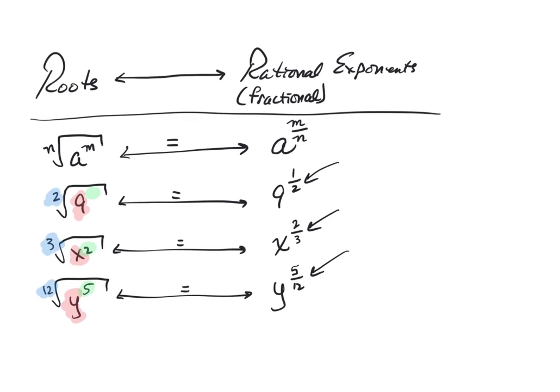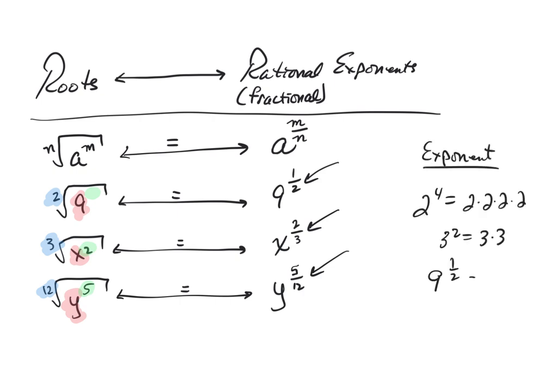Usually an exponent means repeated multiplication. So when I gave you guys something like 2 to the 4th power, that's just a way to write 2 times 2 times 2 times 2, repeated multiplication. Or 3 squared just means 3 times 3, right? What gets more confusing is what the heck does 9 to the 1/2 mean?